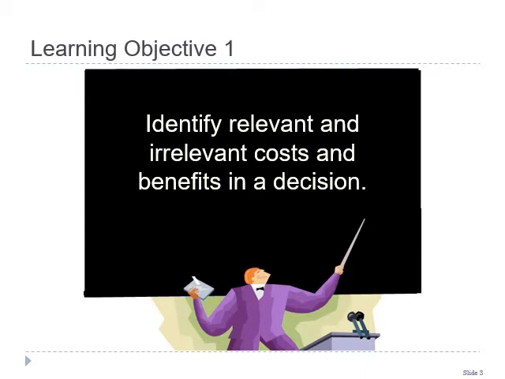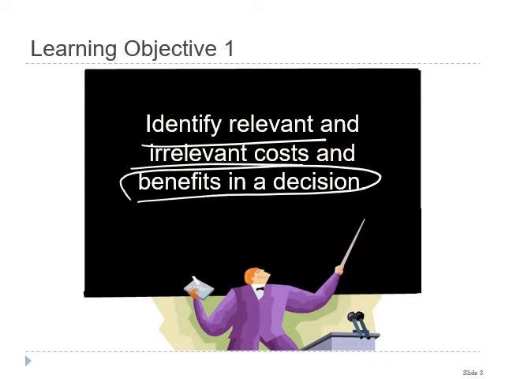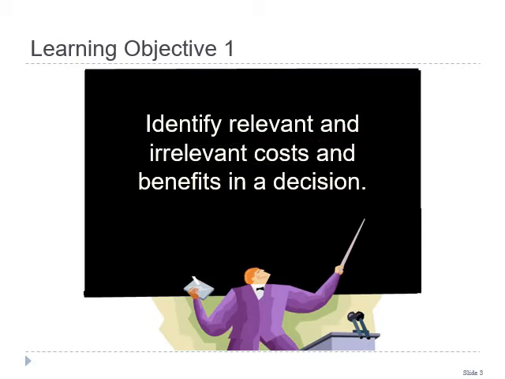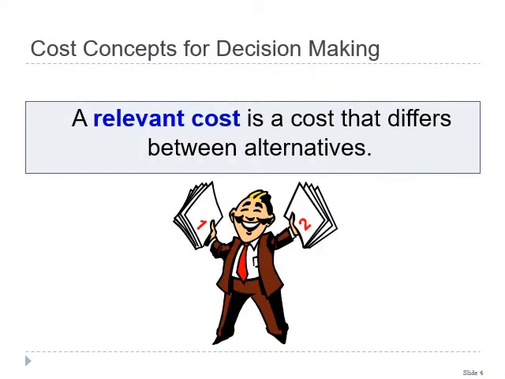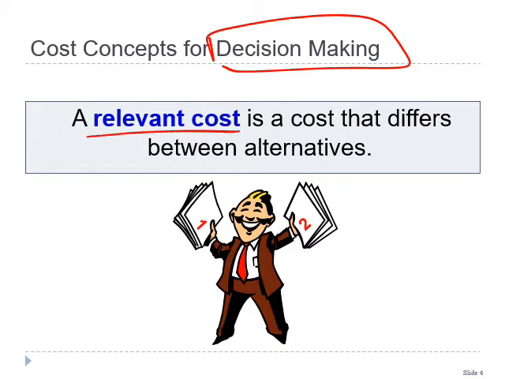So our learning objective 1 is identify relevant and irrelevant cost and the benefits in a situation. So the cost concept for decision making, so one is relevant cost, which is a cost that differs between the alternatives.